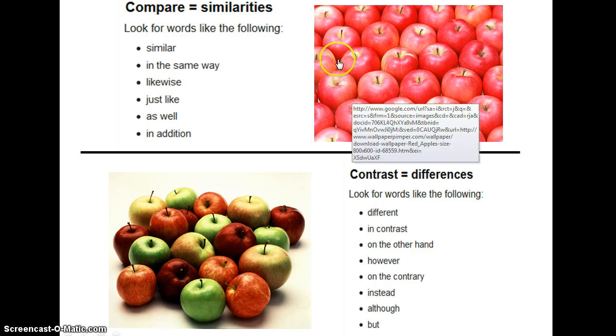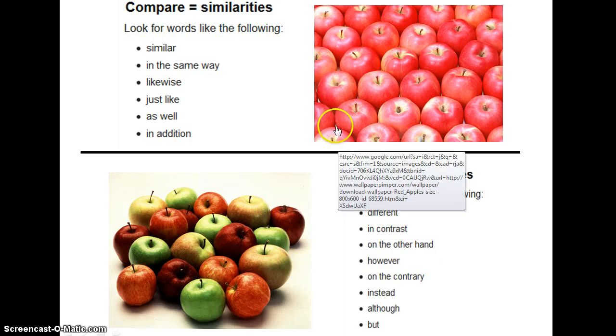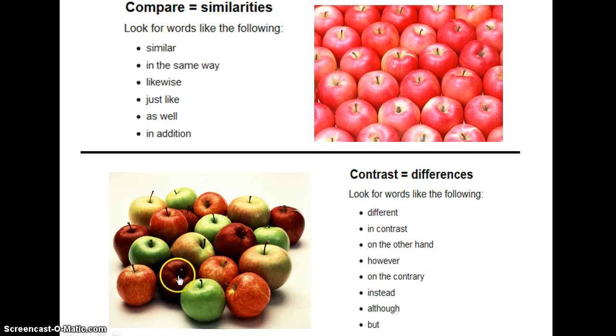This picture is very neat and orderly. On the contrary, this looks just like a bunch of apples that have been dumped down on somebody's counter. While these apples are all standing up perfectly straight, instead, these apples seem to be going in different directions. You can see this one's leaning over, this one's almost all the way on its side, this one's facing front.